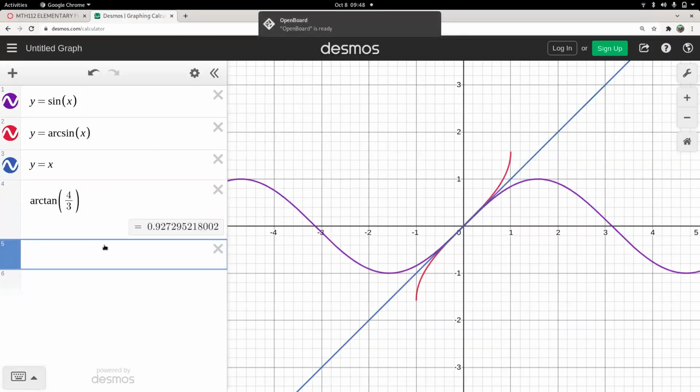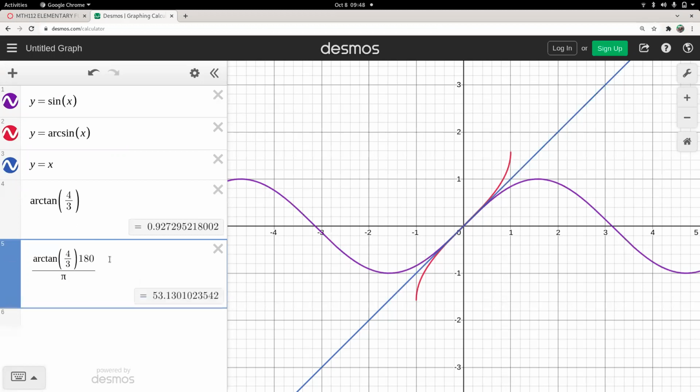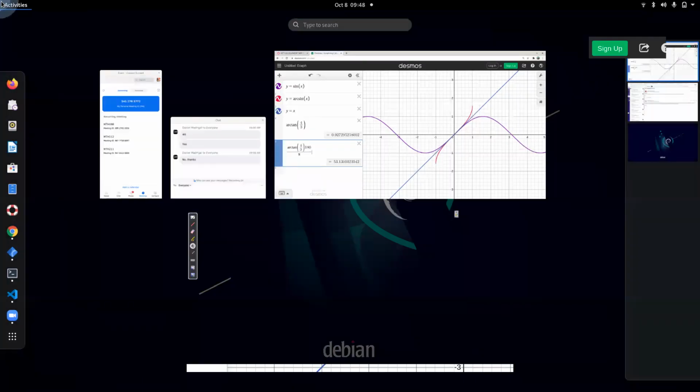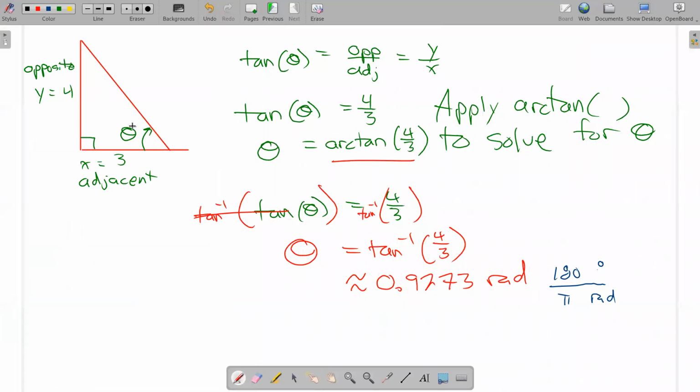I'm going to take that previous number, the arctan of 4/3, and multiply it by 180 over pi. And I get about 53 degrees. And if I look at my picture, which was reasonably accurate, yeah, I'll take that. It's a little bigger than 45 degrees. So I think that's approximately 53 degrees.